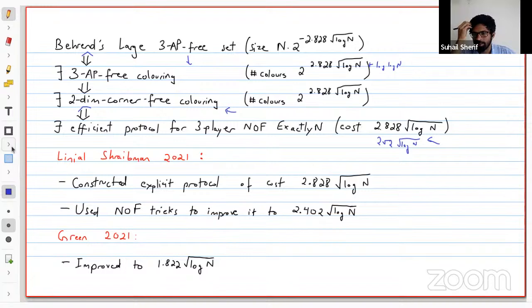Right, it doesn't work with exactly n. It's a technique that doesn't apply to exactly n. They need some kind of pseudo-random properties for their result, and exactly n doesn't have those kinds of properties.